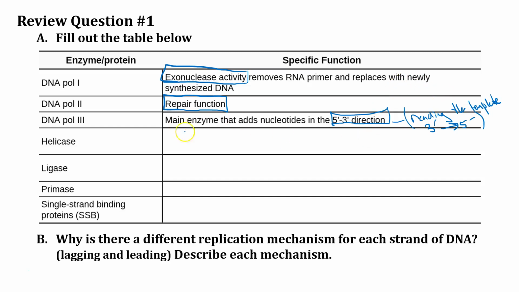So make sure you know if you're talking about which direction it's adding nucleotides or which direction it's reading the template strand, because it's going to travel. If this is the template strand, this is the 3' end, and this is the 5' end, and here's DNA polymerase.